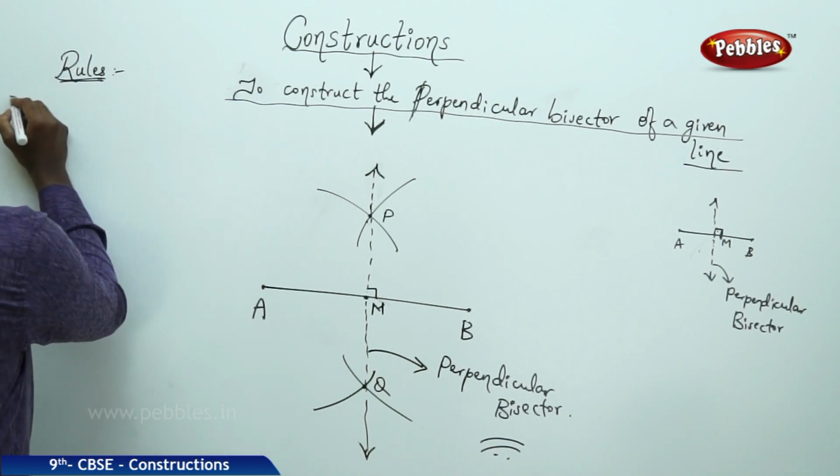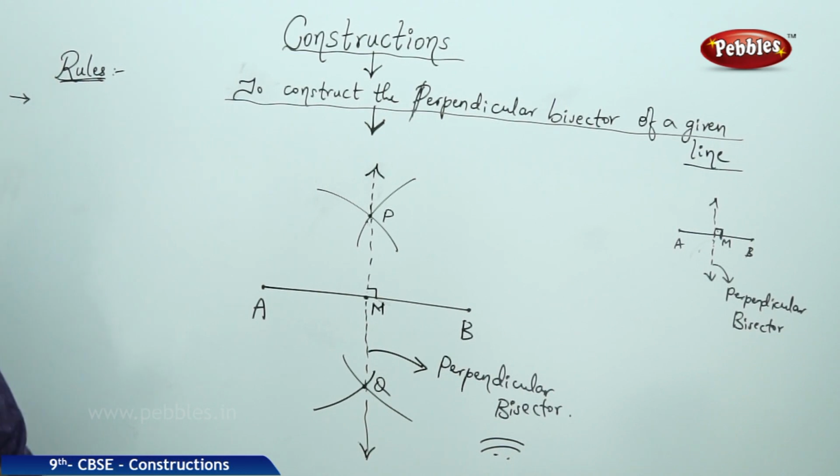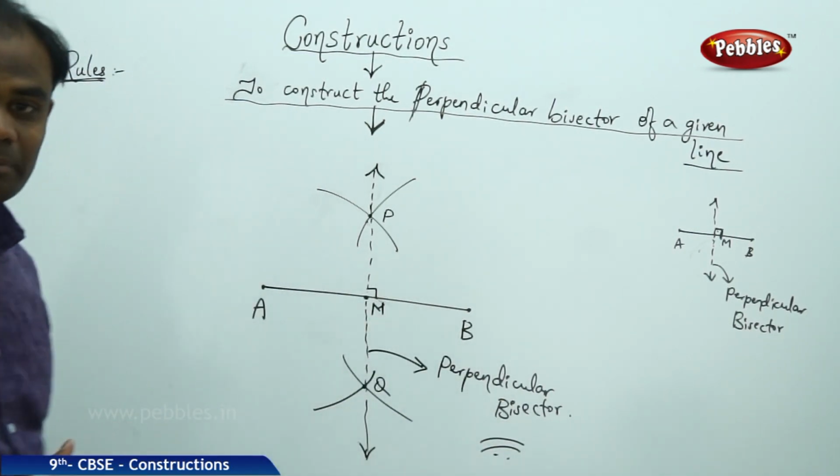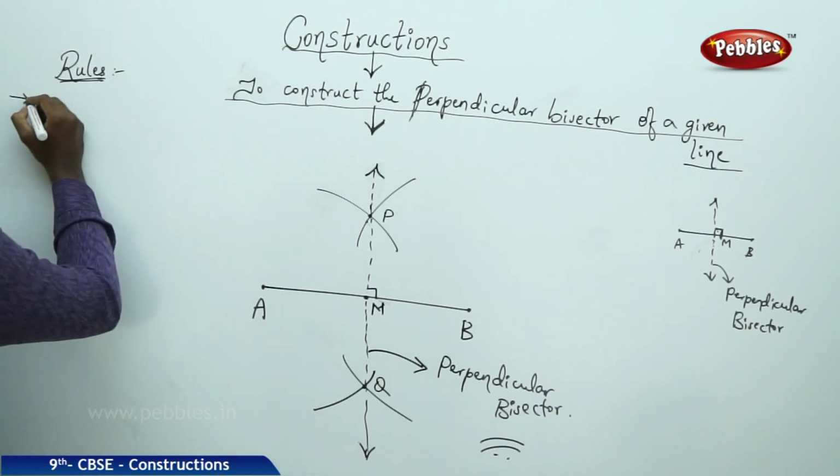The first rule is, for the given line segment AB, we take the compass with radius more than half.